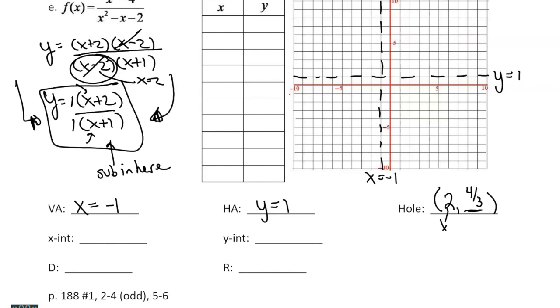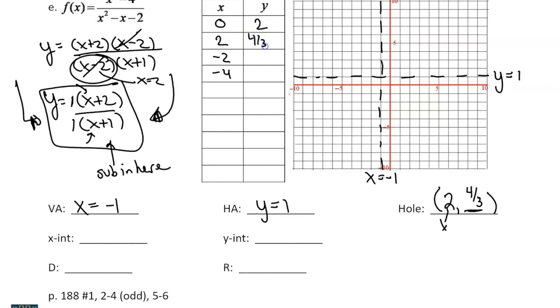So right here, if we have a vertical asymptote at x equals negative 1, let's pick 0 and 2. And then over here, let's pick negative 2 and negative 4. Okay, so if we pick 0, we'd be left with 2 for y. If we put a 2, we would get 4 over 3.